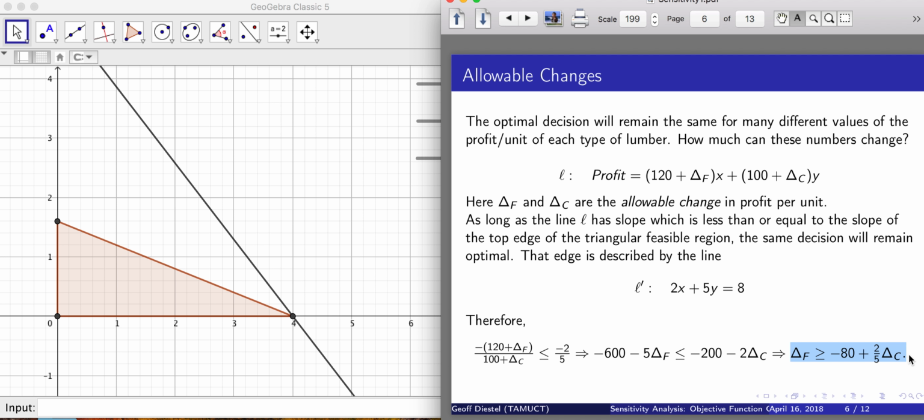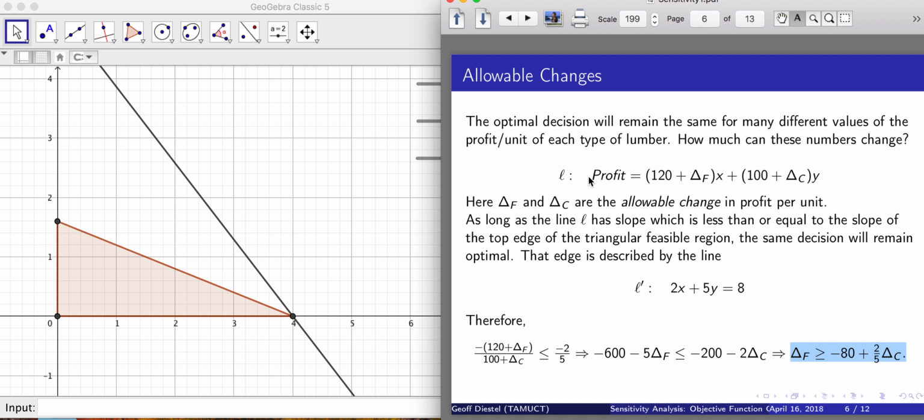So as long as the change of our profit per 1,000 board feet of finished grade lumber, as long as that number stays greater than or equal to negative 80 plus 2/5 times the change in profit per 1,000 board feet of the construction grade lumber, we will use the same decision. So again, in two-variable problems, we can actually relate the two variables quite easily because it's just a simple algebraic observation.